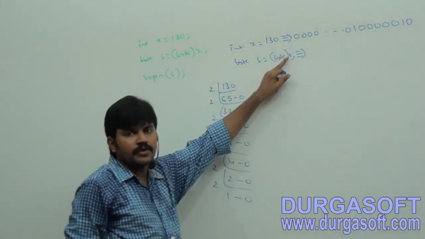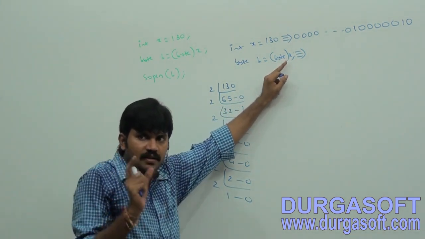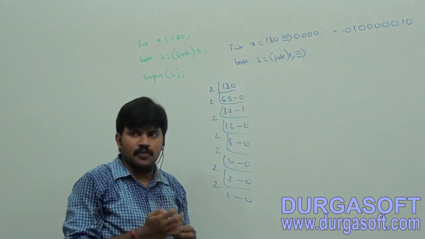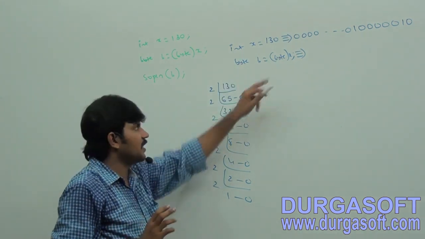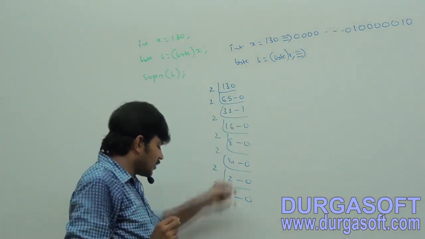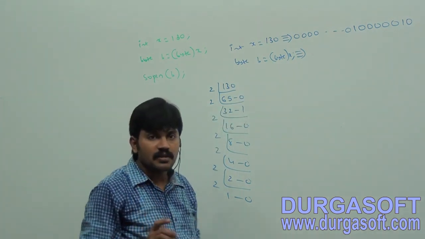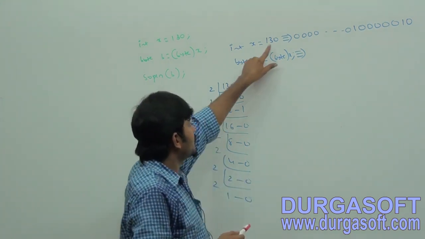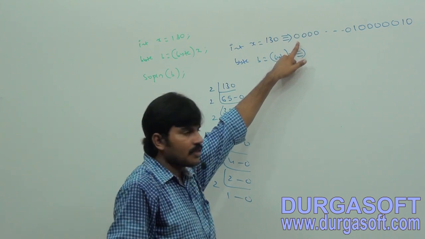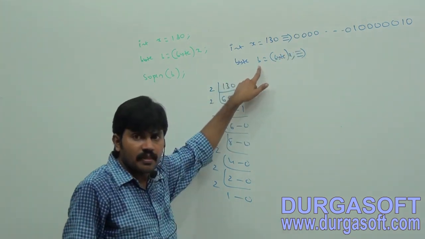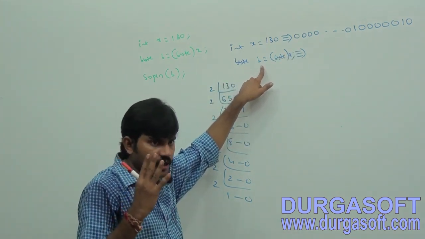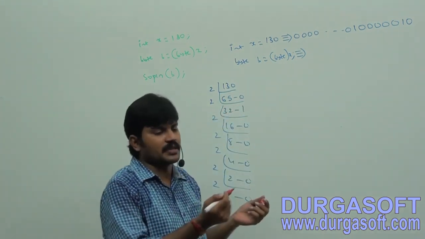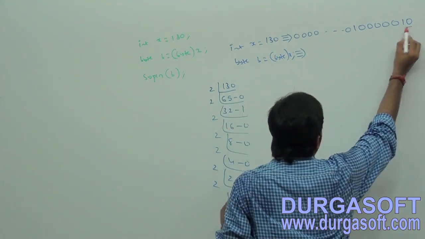Whenever we are assigning a bigger data type value to a smaller data type variable by explicit typecasting, the most significant bits will be gone. Here how many bits are there? 32 bits. But byte is how many bits? Just 8 bits. Then which 8 bits will be considered? Only the last 8 bits.